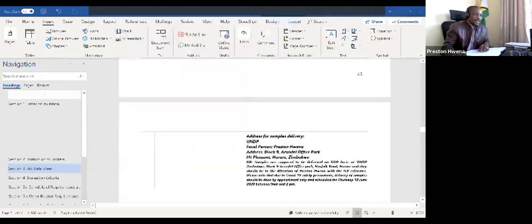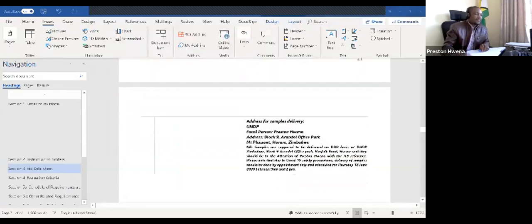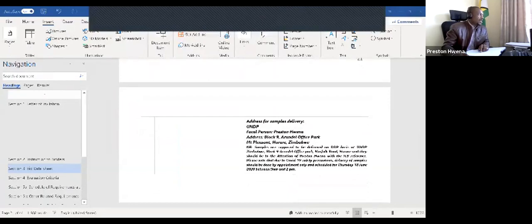So on the issue of samples, we are saying for those who are outside of Zimbabwe, samples should be delivered on DDP basis. What do I mean by DDP? This is delivery duty paid. As UNDP, we don't have time to go and clear your samples with the customs. It's not our responsibility.